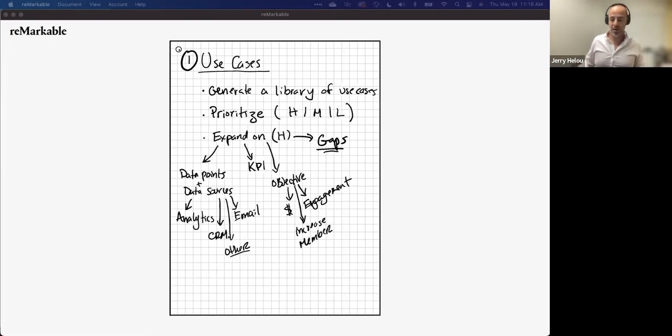Spend the time, get the right people in the room to figure that out. And then from there, depending on how big you want the RFP to be, pick, I would say, 2 to 3 use cases that you include in the RFP. That will be a good way for you to utilize some of these use cases for the demos.